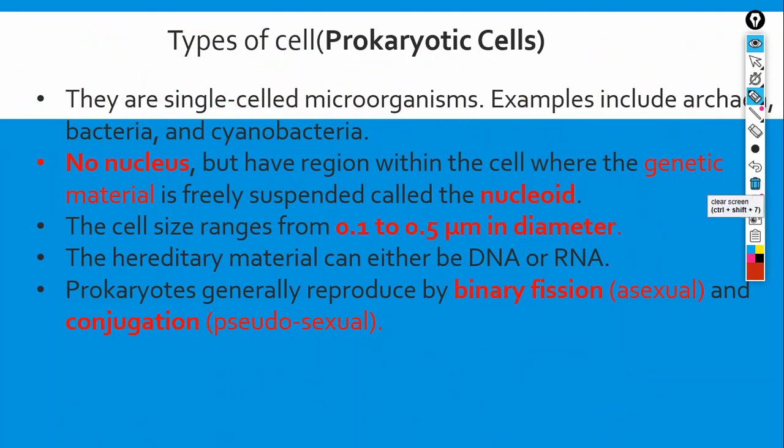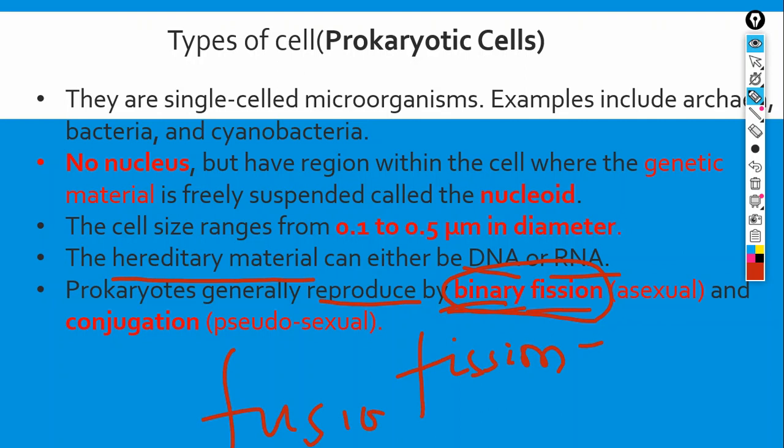Right now, we talked about the fact that the hereditary material can either be DNA or RNA. Then prokaryotes generally reproduce by binary fission. So what is binary fission? The word bi means two. When you hear the word fission, fission means separation, splitting, while fusion means to come together.